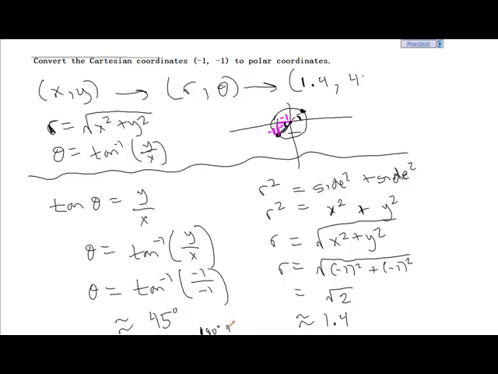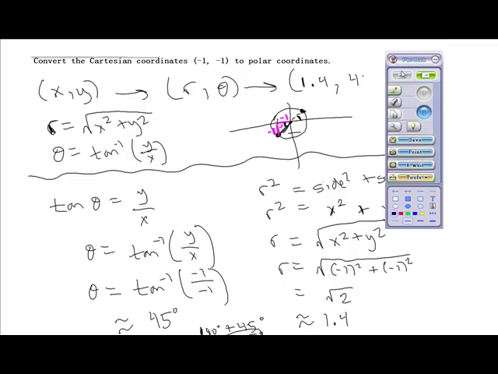In this case, it's 180 degrees plus 45 degrees, which is 225 degrees. So we have to double check our answer. We can't just spit things out of the calculator because it might not be in the correct quadrant. So our actual point is 1.4 comma 225 degrees.